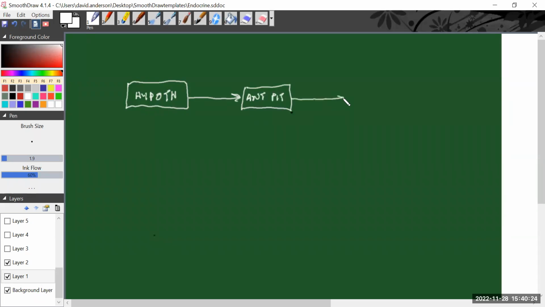So we can draw in our boxes. Hypothalamus, to the anterior pituitary gland. And this time, we're going to be targeting another gland called the adrenal gland. And we'll talk about that when we get there.